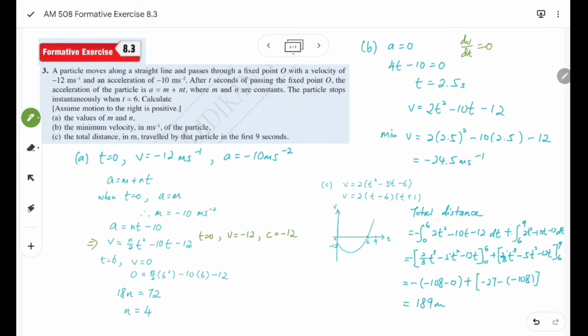If we find total distance, we will see that for the first 6 seconds, the integration will be a negative value because it's below the t-axis.